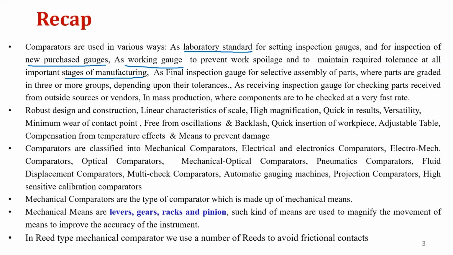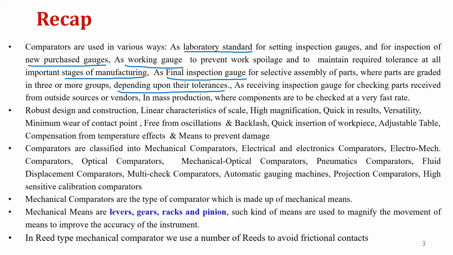Comparators can also be used as a final inspection gauge in the selective assembly process, in which the components are measured and then classified into a number of groups depending upon their tolerances.